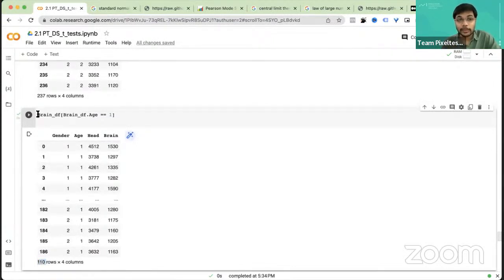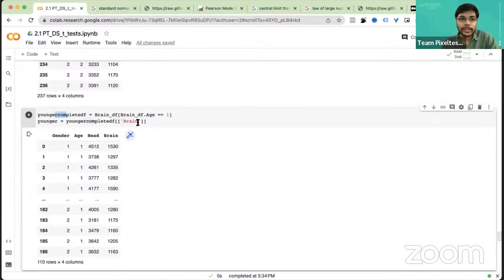So now what I have done, because I have to do this every time, I have created a new data frame and called it younger complete. It's a full data set of younger people. Then later I have created another data frame, younger, and said I don't want all these gender, age, and head columns. I'm concerned with brain. Just give me the column brain. So out of this whole data set, give me younger.